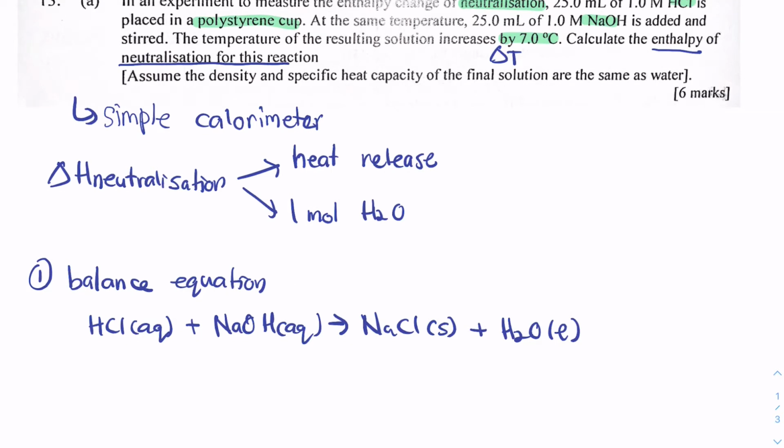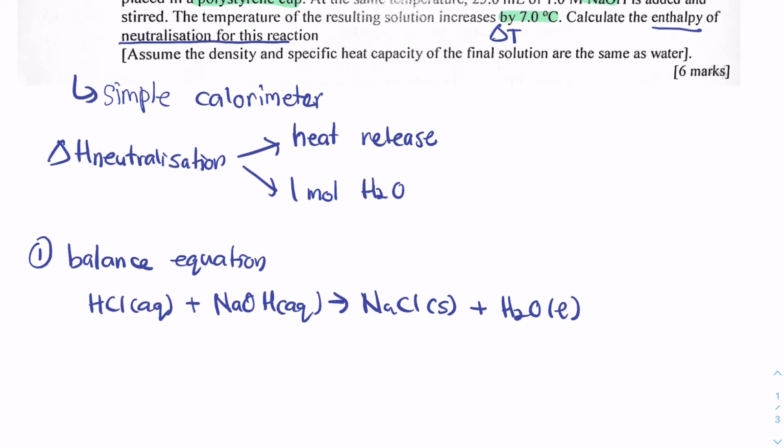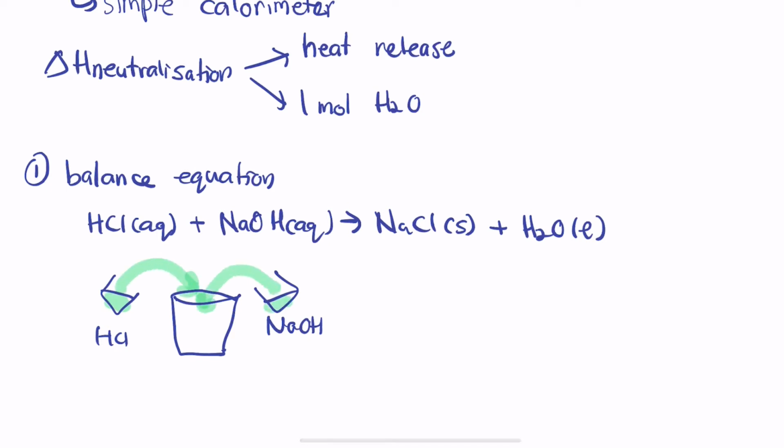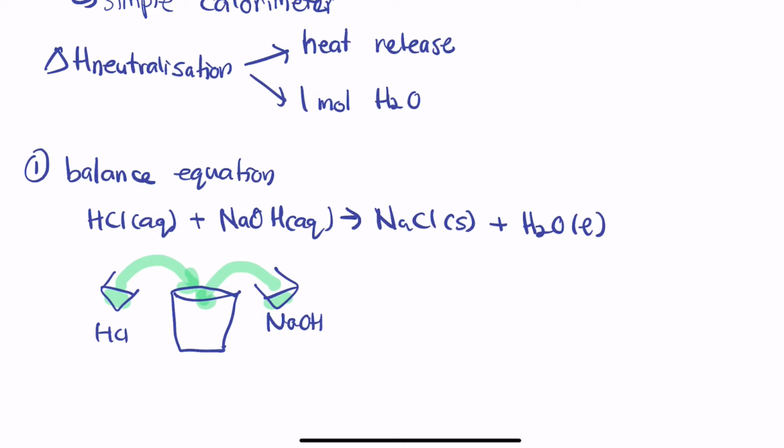Okay, so I just draw the diagram. You have here the polystyrene cup, as your calorimeter. So here is your HCl and your NaOH. Now you will mix your HCl and NaOH in a simple calorimeter.